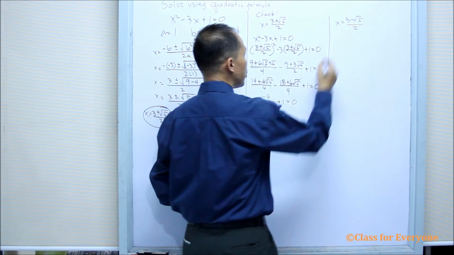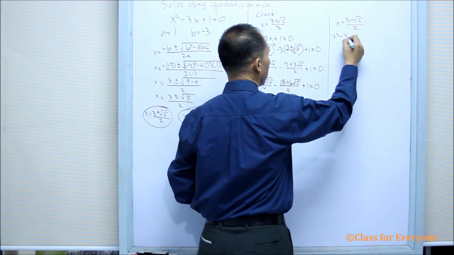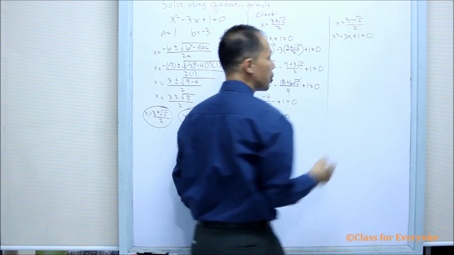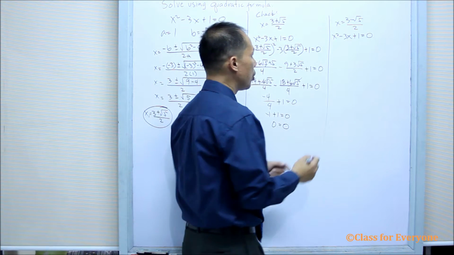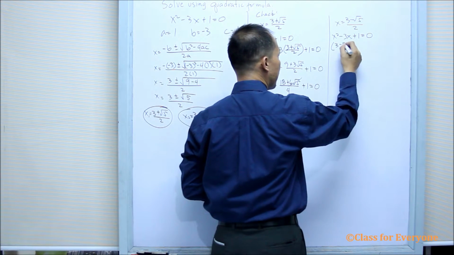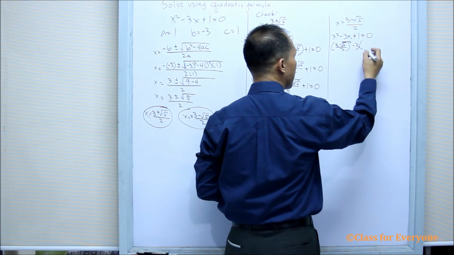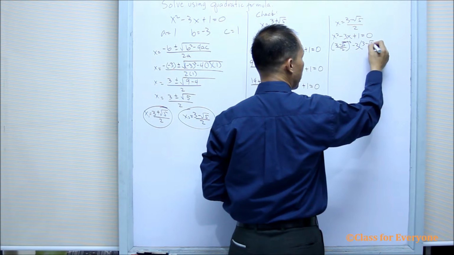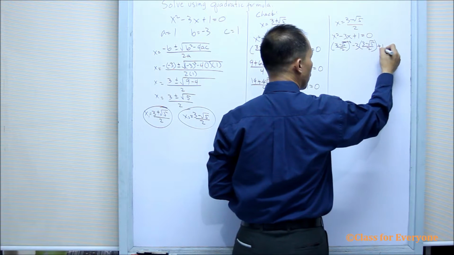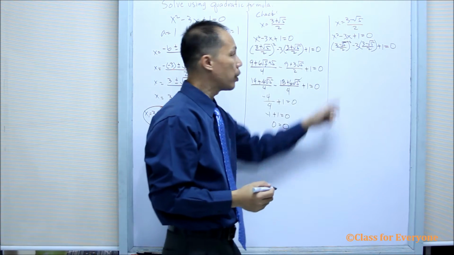For the original equation, we have x squared minus 3x plus 1 equals 0. By substitution, we'll have 3 minus the square root of 5 over 2, squared, minus 3 times 3 minus the square root of 5 over 2, plus 1 equals 0.